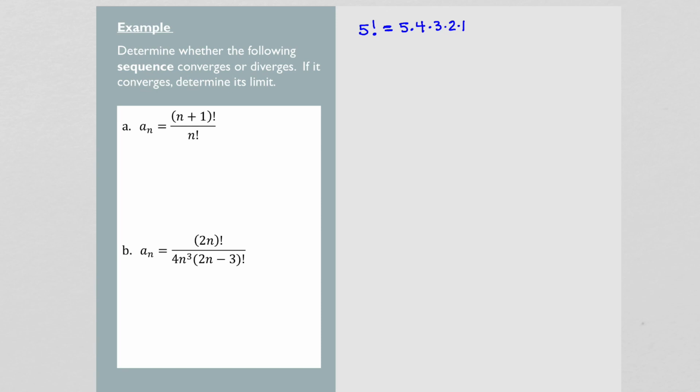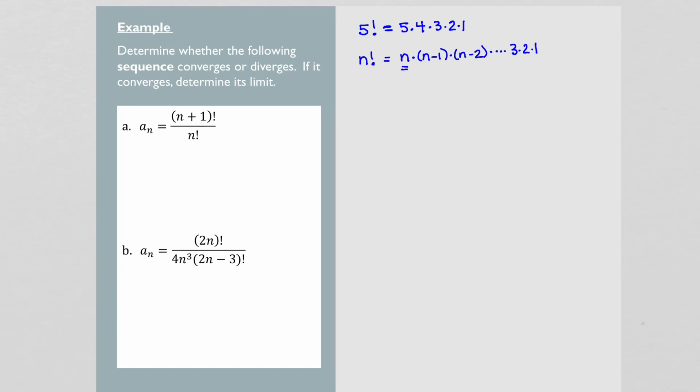In other words, n factorial is the number n times n minus 1, times n minus 2, and we continue all the way down to 3 times 2 times 1, assuming n is bigger than 3. So n factorial is the first number, and then we multiply by 1 less all the way down until we get to the number 1.